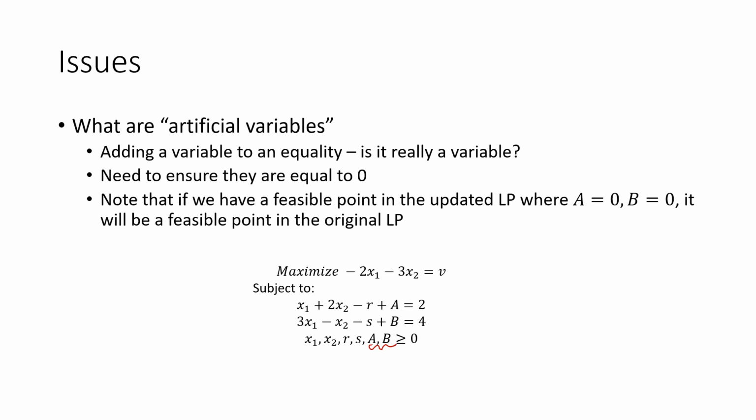So we're going to have to adjust our linear program to guarantee that a and b equal 0. We've found a place to start, but we've changed our linear program a little bit. But we can get back to our original linear program if all of our artificial variables are equal to 0. So we're going to try to solve our updated problem and force a and b equal to 0.